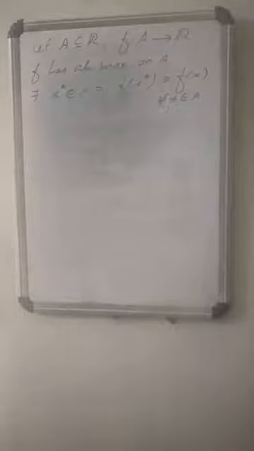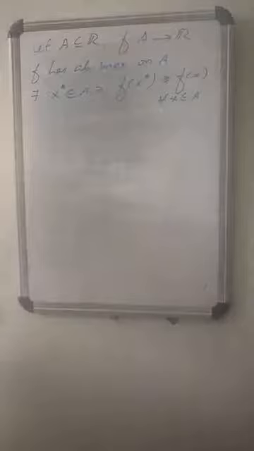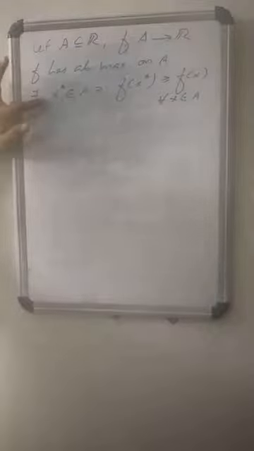A is a part of R and f is a function from A to R. Then f has an absolute maximum on the domain A if there exists a point x star in A such that f of x is less than or equal to f of x star for all x in A.